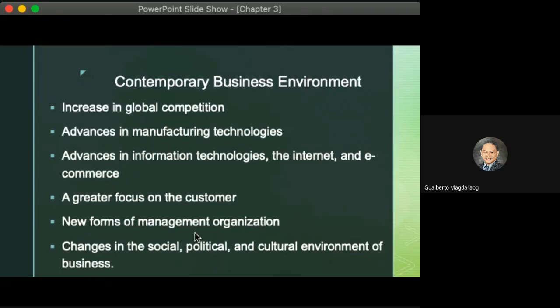And then dumating ang Americans, sinakop tayo, pinalaya tayo sa mga Spaniards, okay? And then after ilang years nila sa Pilipinas, ang puno natin o ang forest natin drops from 90% of the total coverage of the Philippines. Nag-drop siya into 40%.